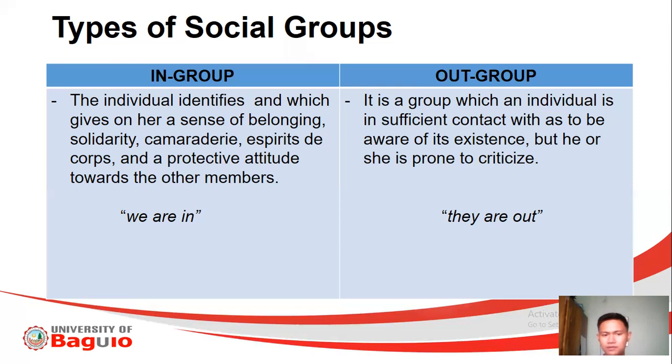Paano yon? Kung sa in-group natin kanina, a certain family here is practicing all of the principles, all of the culture of their family.